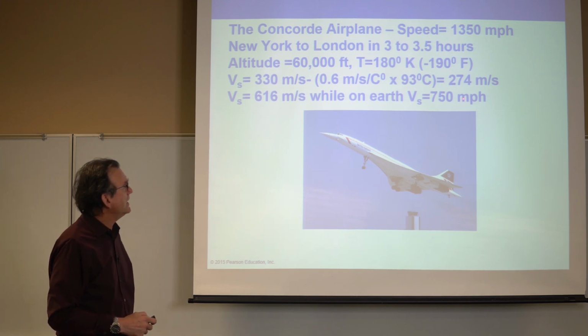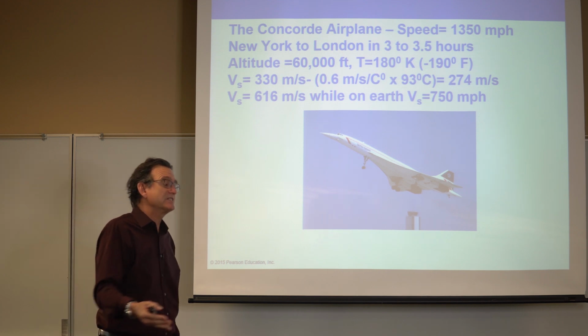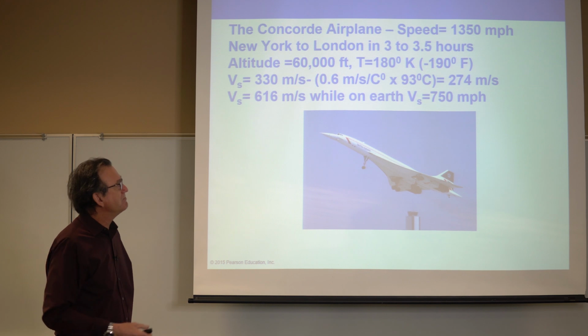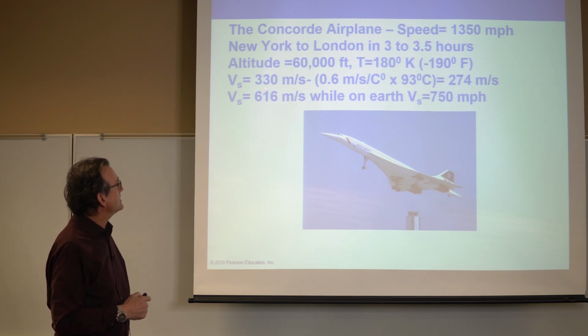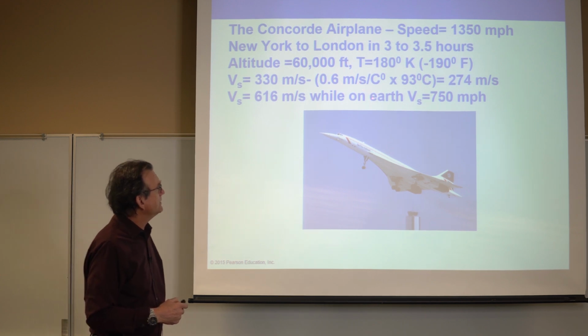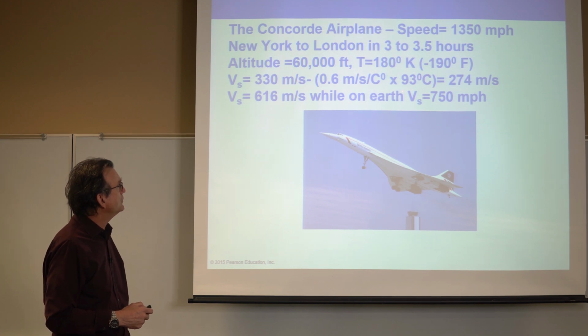But the important point is that the speed of sound is dropping by 0.6 meters per second for each degree, and it's 93 degrees centigrade cooler at the higher altitude.